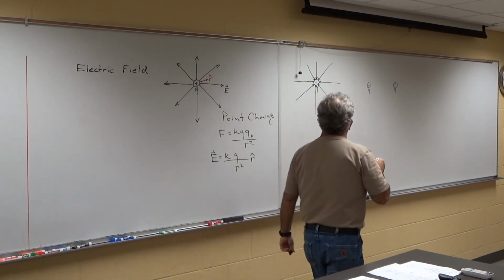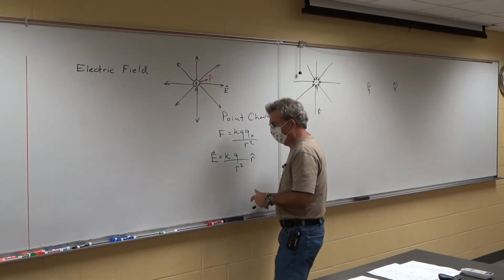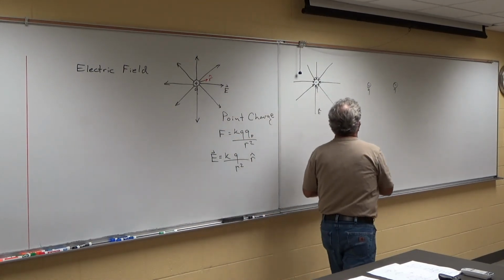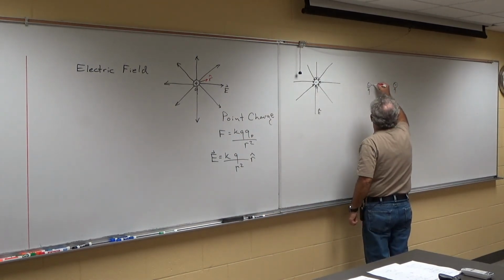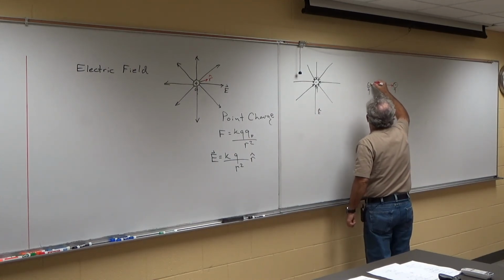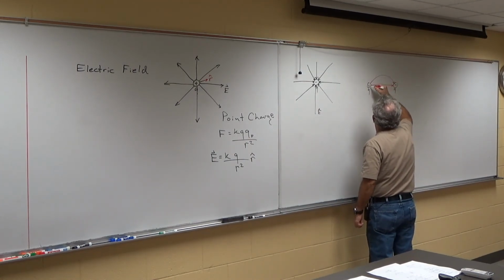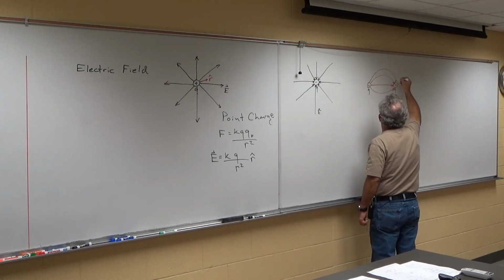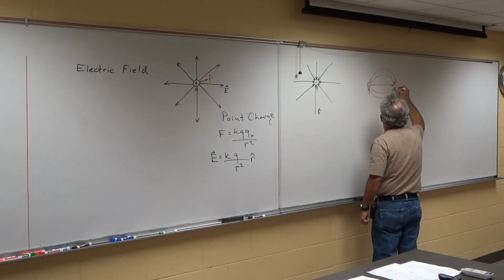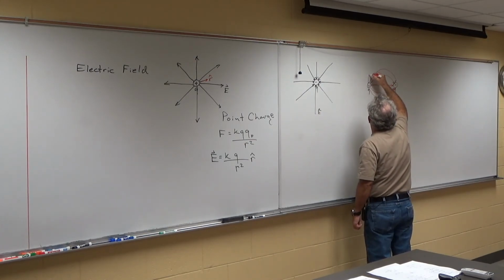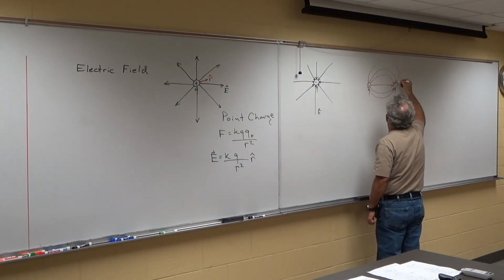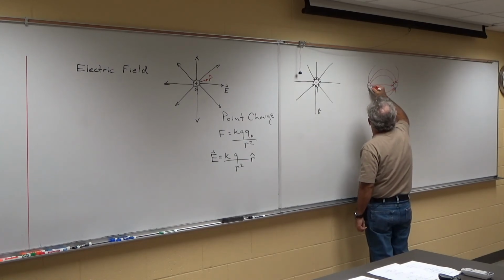The electric field is going to look something like this. All right. The field lines will begin on the positive and end on the negative. They're everywhere in space.